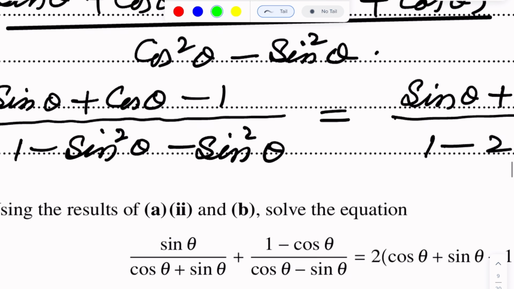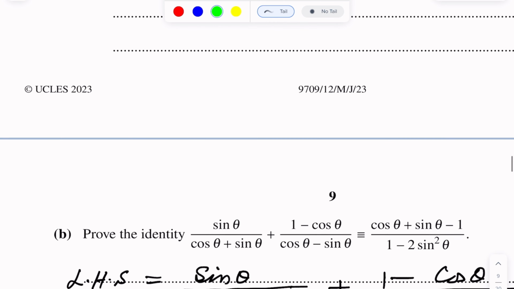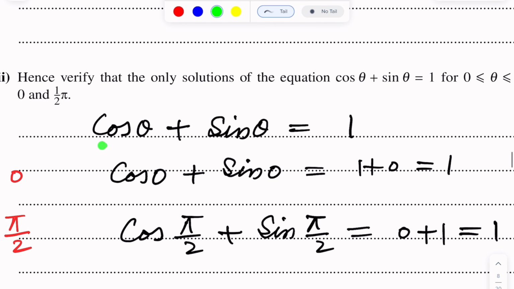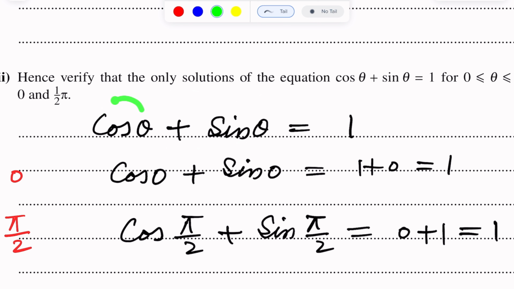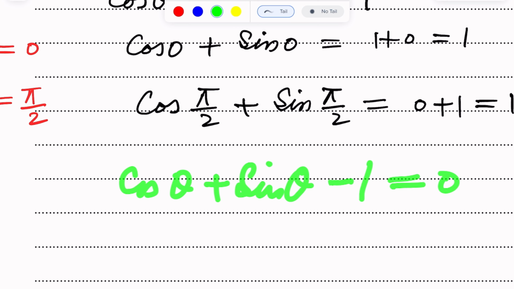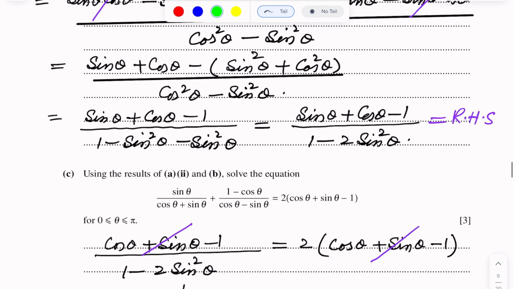But also, since in part A, the second subpart, it is clearly cos theta plus sin theta is equal to 1. If we take 1 to the left hand side, this becomes cos theta plus sin theta minus 1 is equal to 0. So we can put cos theta plus sin theta minus 1 is equal to 0.